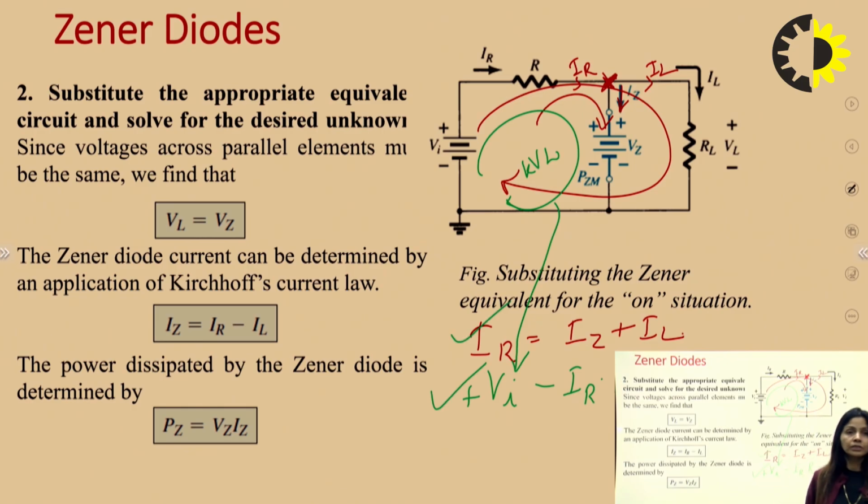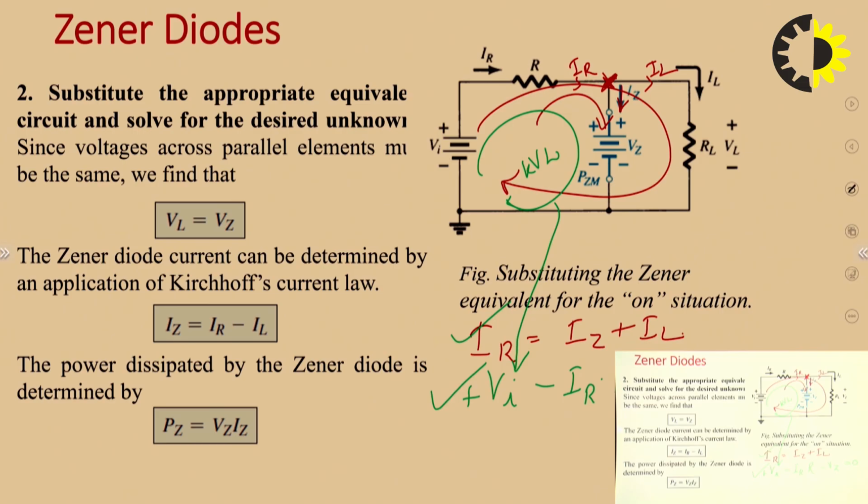Whatever parameter has been asked, you just need to apply only these two laws. That means the question becomes very easy. After finding out the state of the diode, we convert the Zener diode into a battery with opposite polarity, and then we can apply Kirchhoff voltage law and Kirchhoff current law.